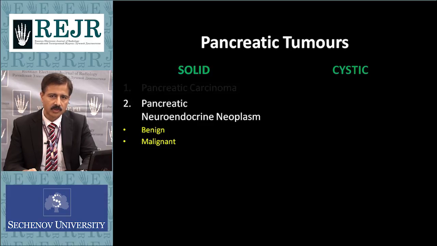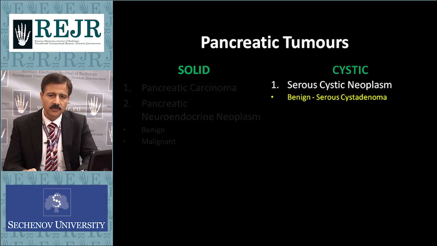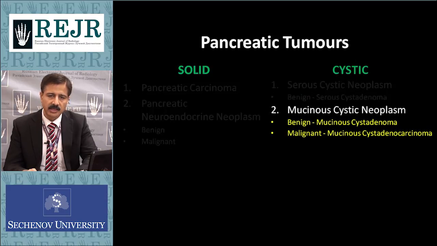As far as cystic tumors are concerned, the first cystic tumor is serous cystic neoplasm, and they have a benign character. The second cystic tumor, which we will learn about today, is mucinous cystic neoplasm. Mucinous cystic neoplasm can be benign, but they can degenerate into malignant histology.